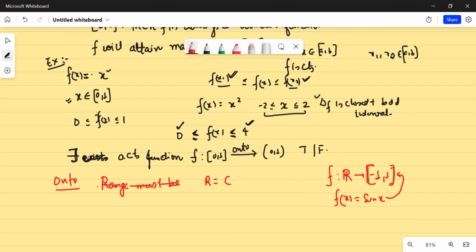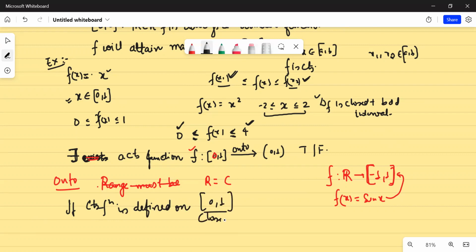Now I'm asking, does there exist a continuous function f from the closed interval 0, 1 onto the open interval 0, 1? So I'll come to this. This is a continuous function. If a continuous function f is defined on the closed interval 0, 1, what is this?